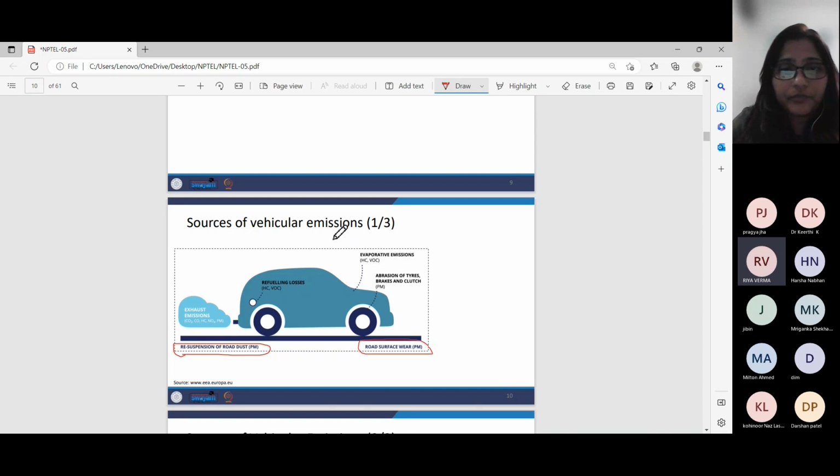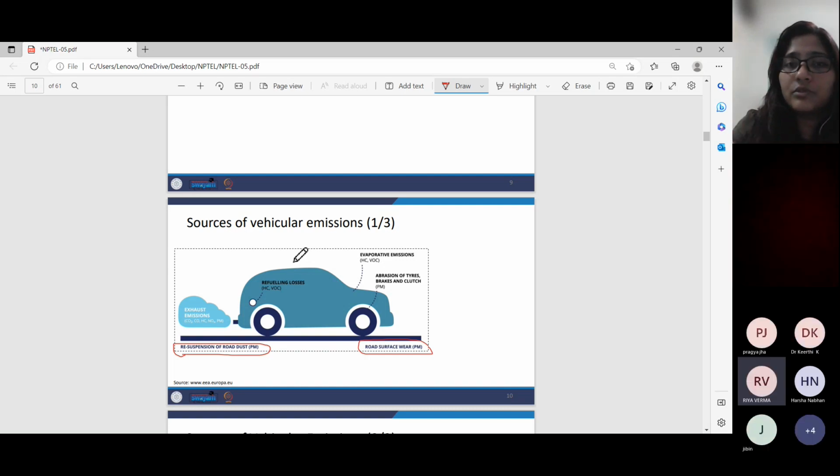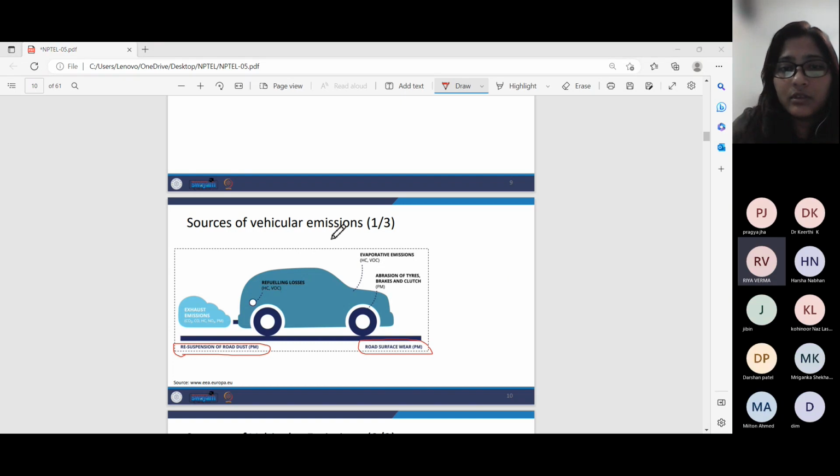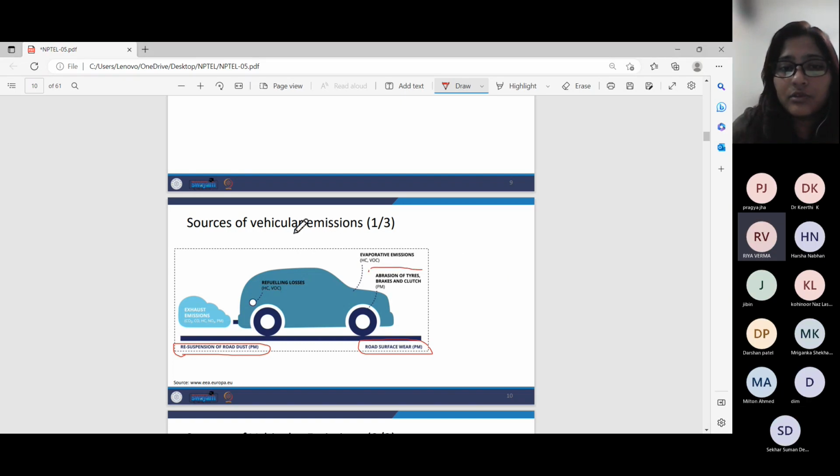Then abrasion of tires, brakes, and clutch. Basically, during the movement of the vehicle, there's abrasion between the brake pads and the tires, and also the clutches that are used for driving. These are also a source of particulate matter.